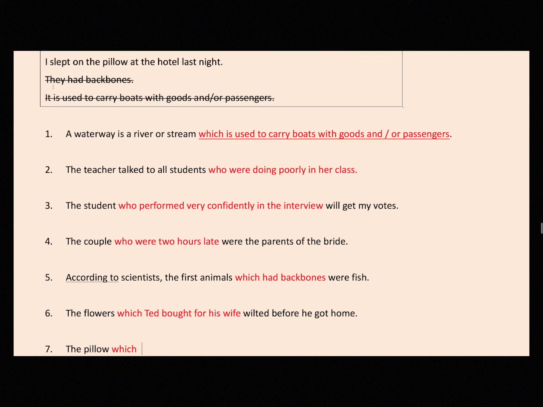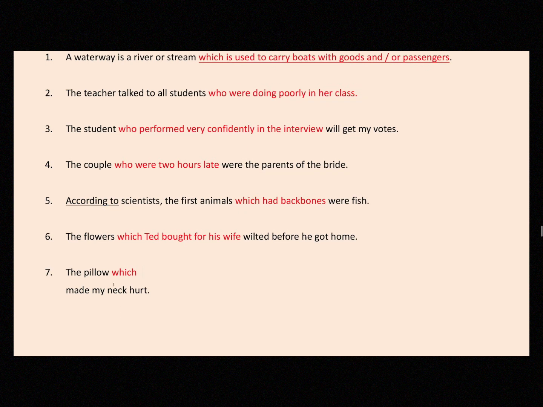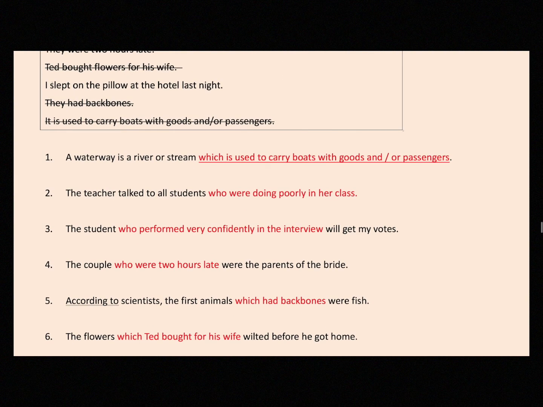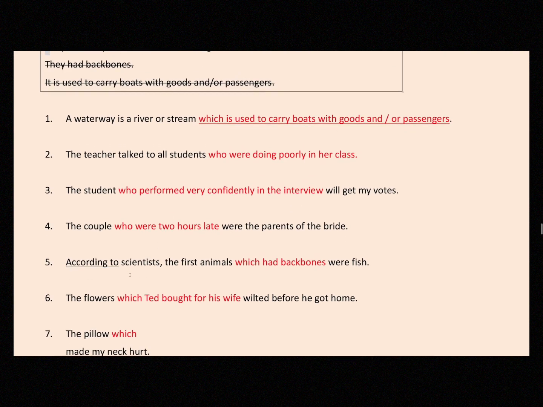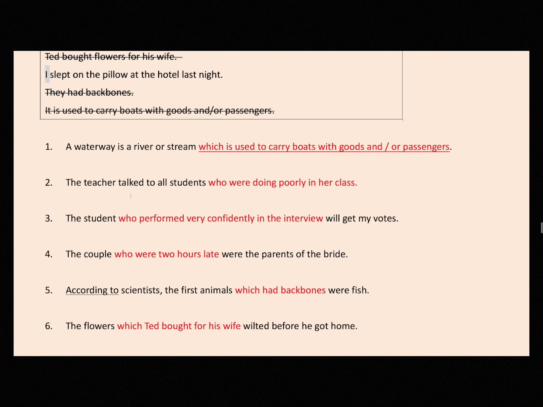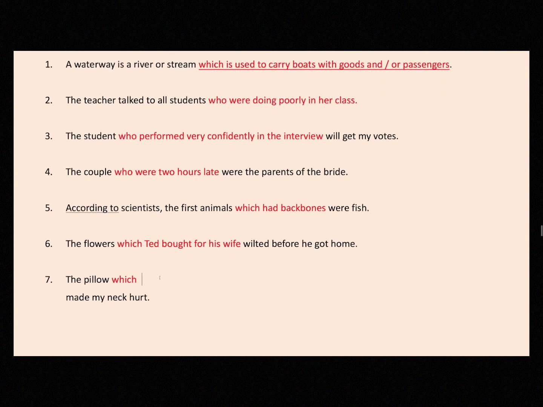We can say that the which here is only to talk about the pillow, to talk about things. However, if we look at the sentence here, I slept on. I, it's a person, it's not a thing, and that's why which is not to talk about I. Okay, so I still have to put it here.